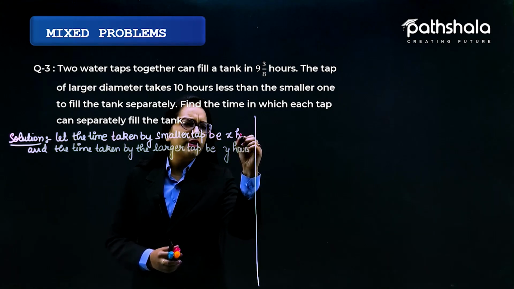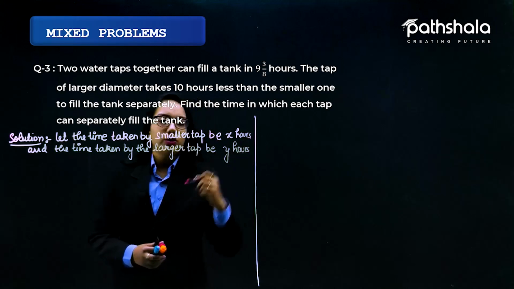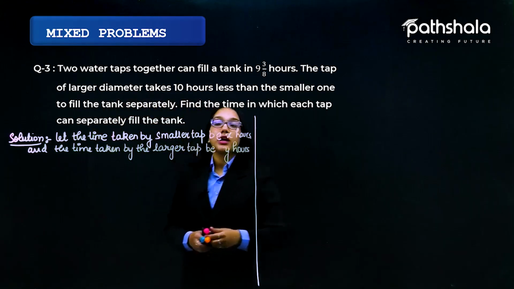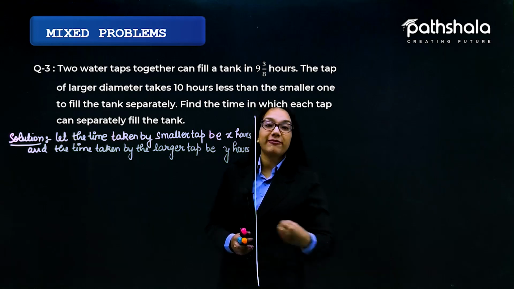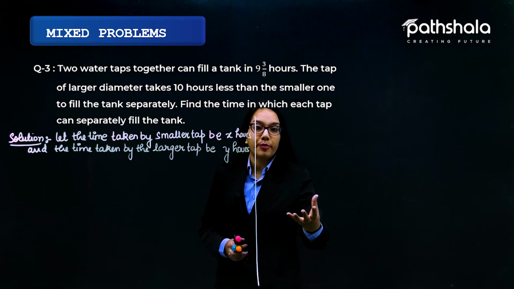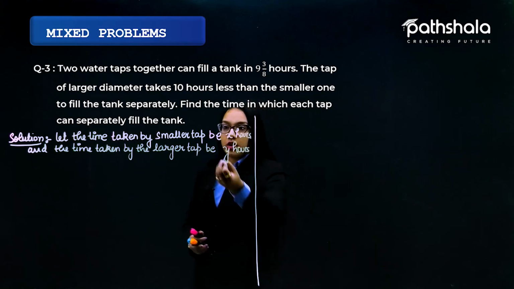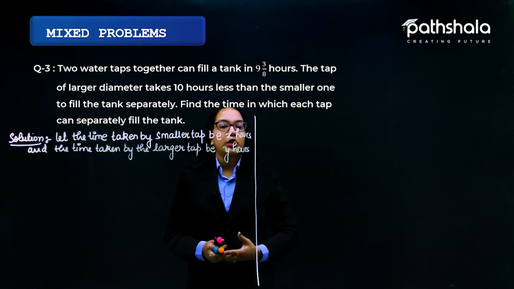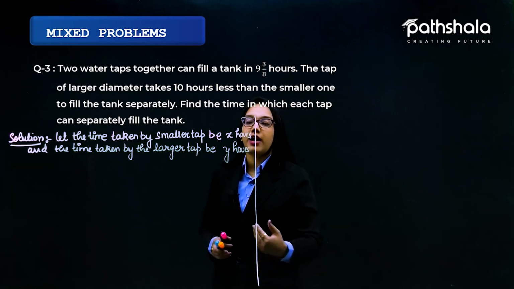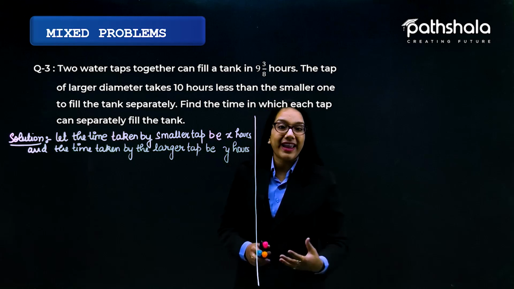Here h represents hours. So the time taken by the smaller tap is x hours, and let the time taken by the larger tap be y hours. We are talking about filling a tank, so the time taken by the smaller tap to fill a tank is x hours, and the time taken by the larger tap is y hours.